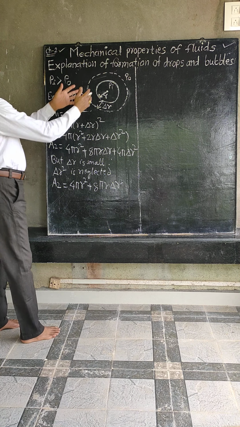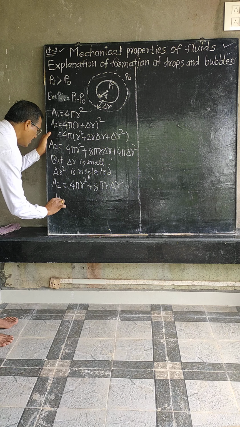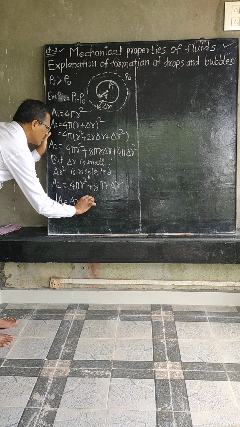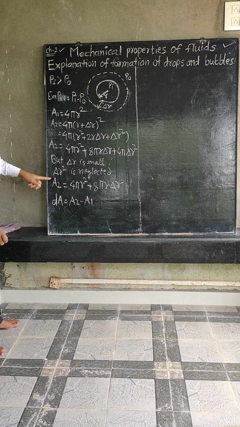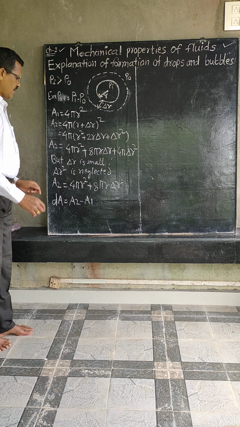Therefore, the increase in area of this drop is dA equal to A2 minus A1. Here this A2 is 4 pi r square plus 8 pi r delta r.